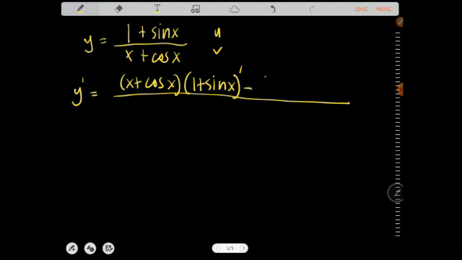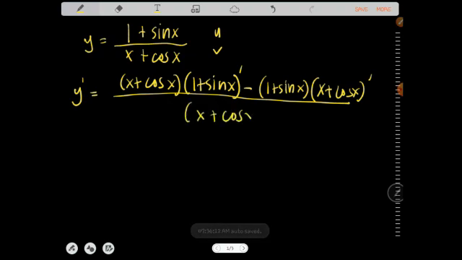Minus, kopyahin mo lang yung u, 1 plus sine of x. Tapos yung v natin, i-differentiate din natin yan, x plus cosine of x. Lagyan ko ng prime para ma-differentiate natin siya. All over quantity x plus cosine of x squared. Ito yung v squared, di ba?